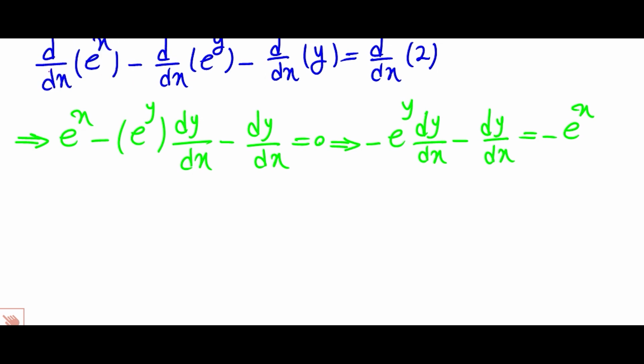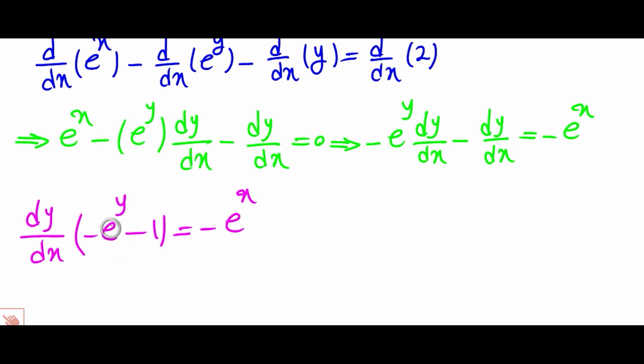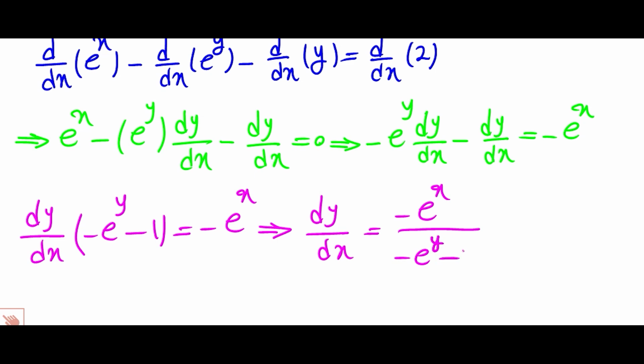So we have dy/dx times (negative e to the y minus 1) equals negative e to the x. If we divide both sides by negative e to the y minus 1 to isolate dy/dx, we have dy/dx equals negative e to the x over negative e to the y minus 1.